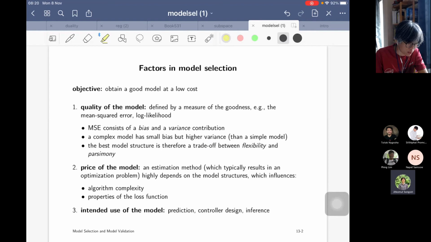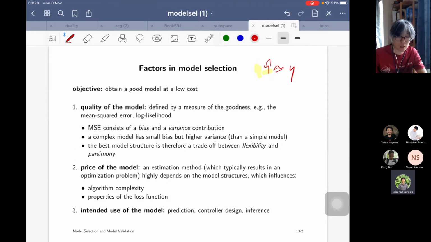Everything will rely on the concept that you want to obtain a good model, a model that has good quality, depending on your task. If it's a regression, you want the model output y hat to approximate the actual y best. And of course, there's a way to measure this quality.